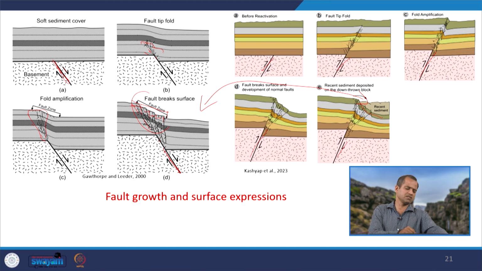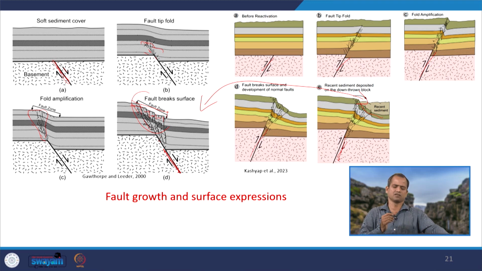Here it was a normal fault, but here it was a reverse fault, but their growth to the surface simply gives us a topographic break irrespective of the nature of the fault lying below. So, looking at a topographic break at the surface, you cannot say whether it is related to a normal fault or a reverse fault.